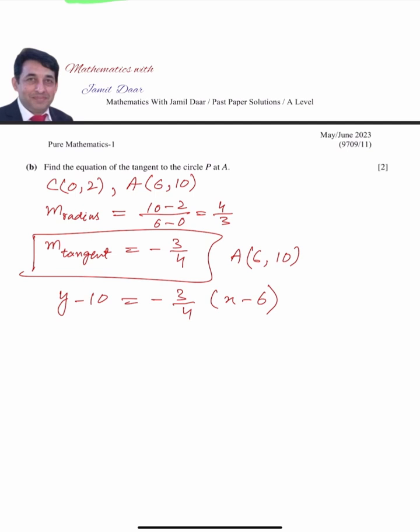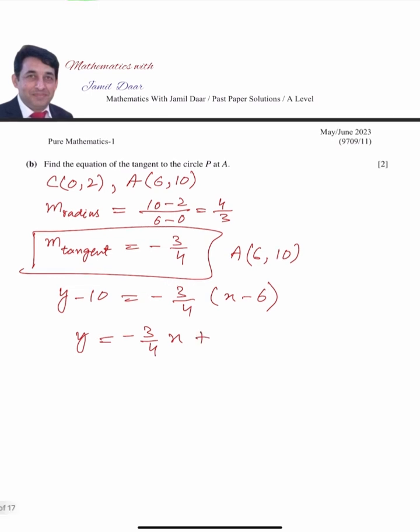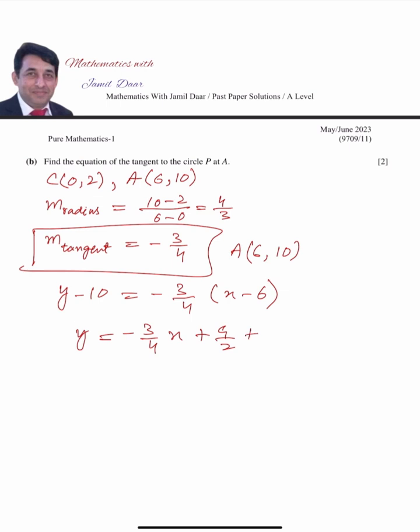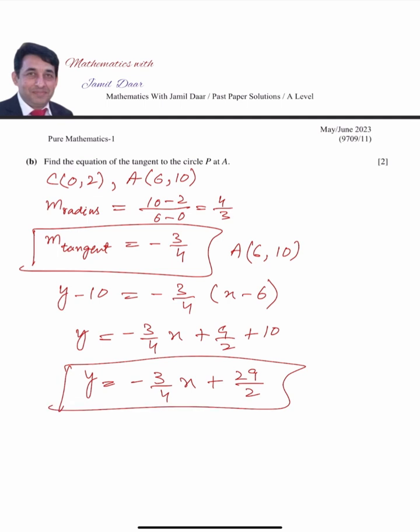This becomes y is equal to minus 3 by 4 x plus 9 over 2 plus 10, so y is equal to minus 3 by 4 x plus 29 over 2. This is the equation of the tangent to the circle P at A.